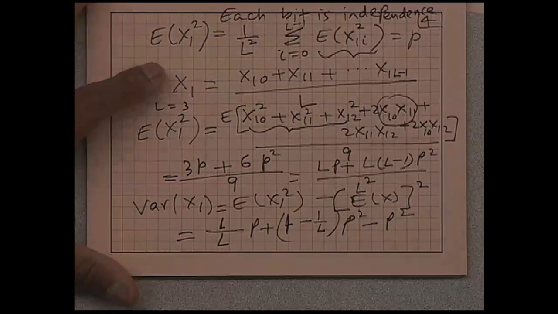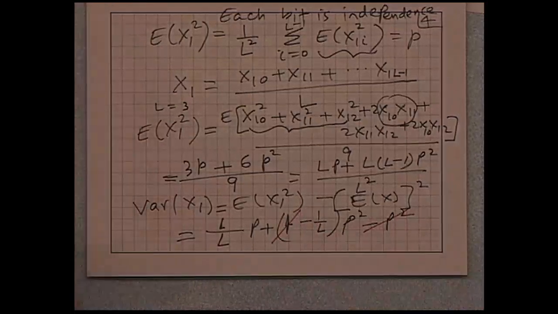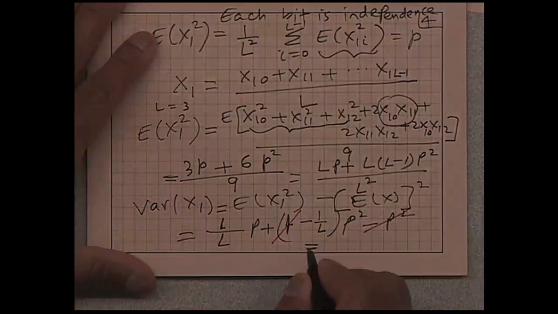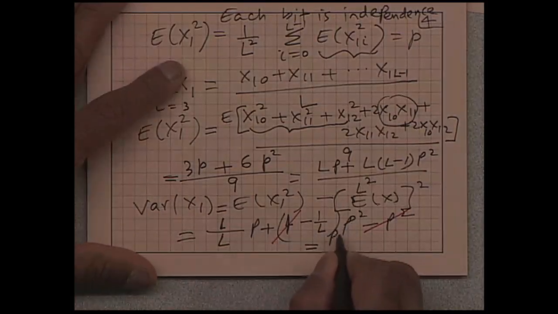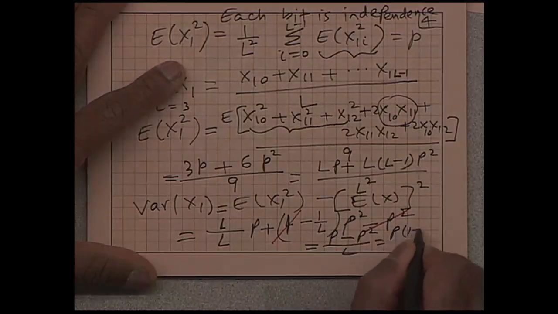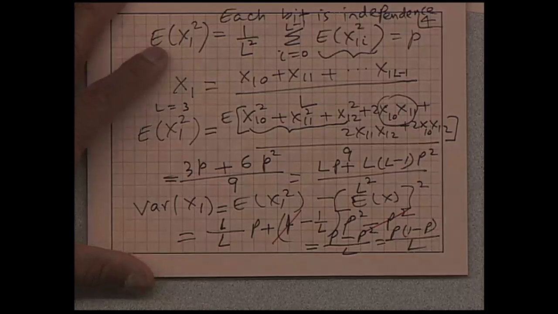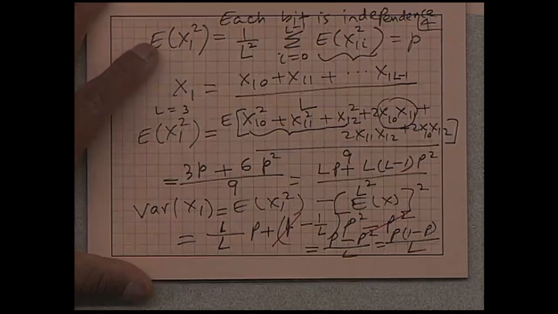So the P squared cancels out with minus P squared. What I am left with is P by L minus P squared by L, which is equal to P times 1 minus P by L. Okay, that's our variance.